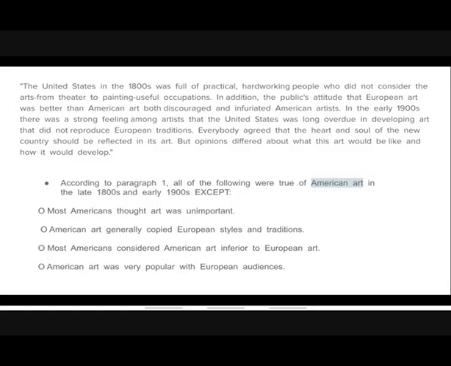When we read that European art was better than American art, that means we can eliminate the third choice because it's true and it's mentioned in the paragraph. When we read "reproduce European art," we know that the second choice is right. We are only left with the fourth choice, which is not mentioned in the paragraph, and we see that the meaning of the paragraph is the other way around.